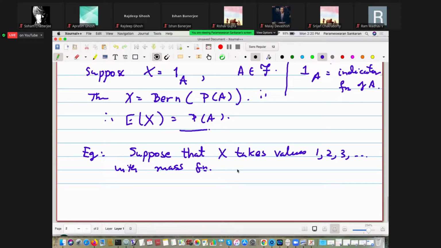I just need to say what f of k is. f of k is a by k square, where a is equal to 6 by pi square. This 6 by pi square is required to make this a mass function. This is true for k equal to 1, 2, 3, and of course it's 0 otherwise.